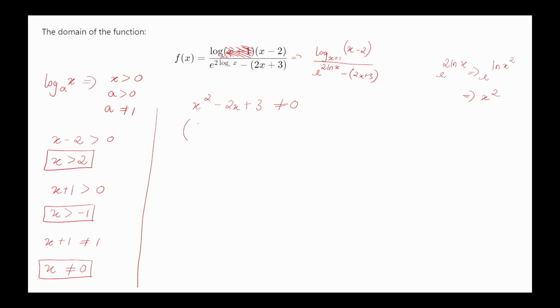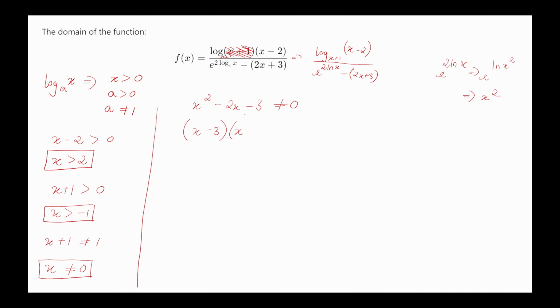So if I try to factorize this, this would be x minus 3, and this would be a minus sign here because this entire thing was in minus.